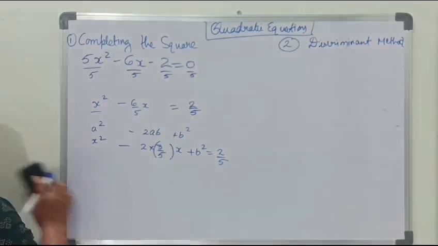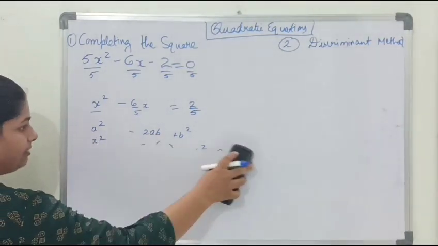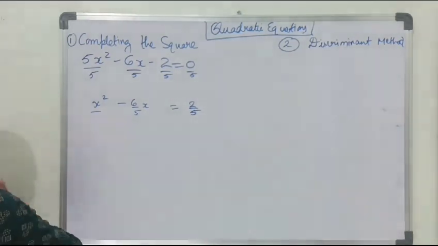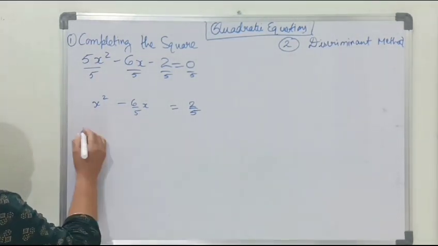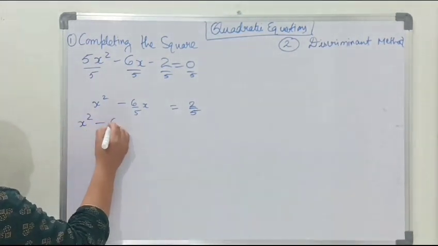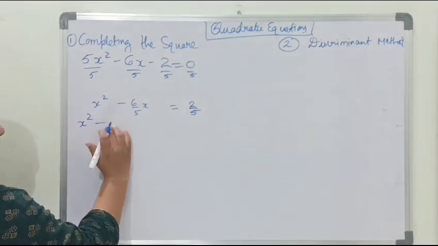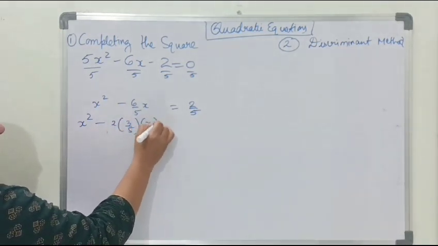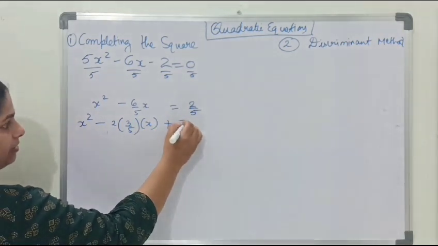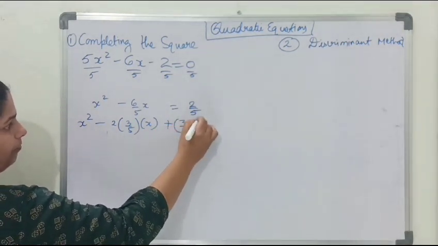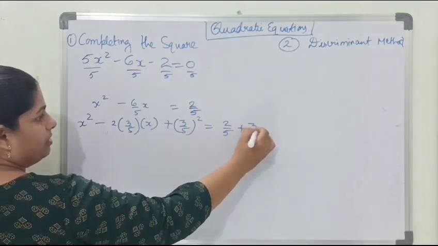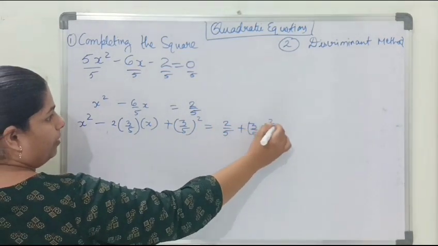Now, complete the square at LHS and RHS by adding the value of b square, that is x square minus 2 into 3 by 5 into x plus 3 by 5 square is equal to 2 by 5 plus 3 by 5 square.